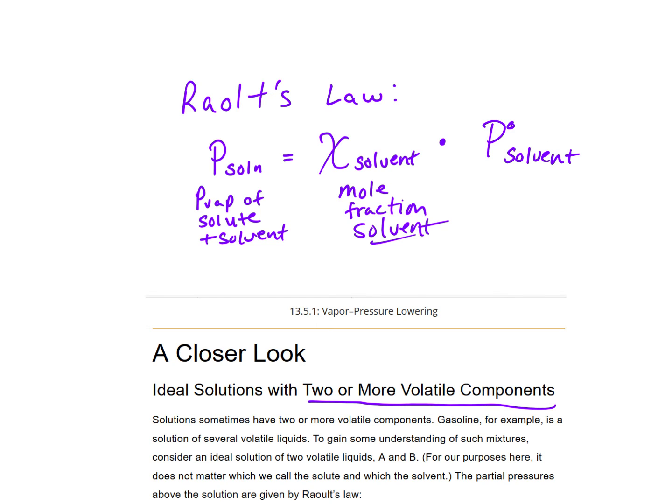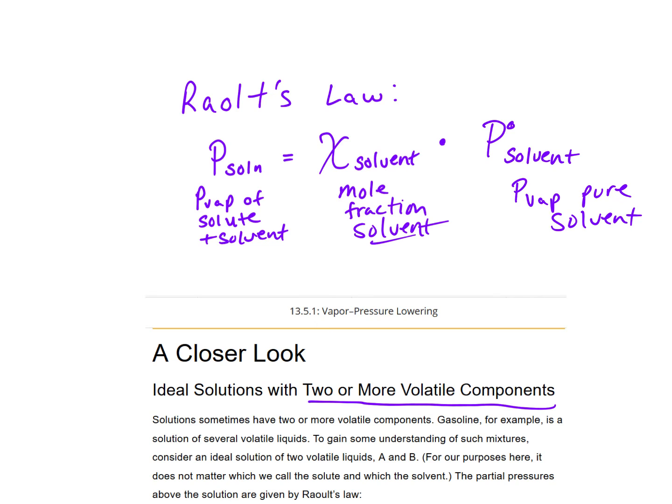Raoult's law is mole fraction of solvent. Easy mistake to make when you're doing calculations. And then the P0 solvent is the vapor pressure of the pure solvent, which will be the value you could look up. And it'll be at a given temperature.